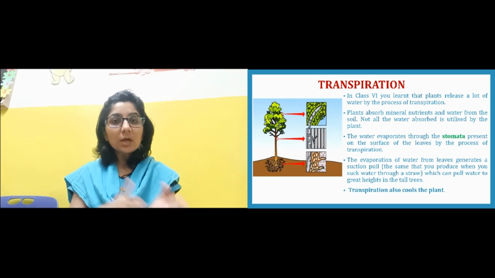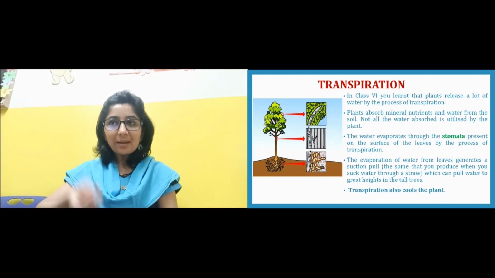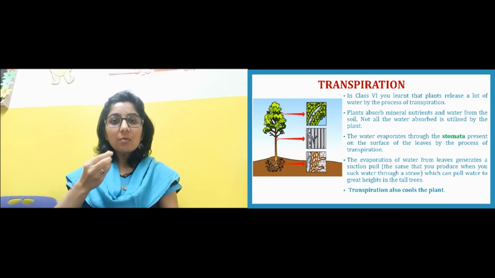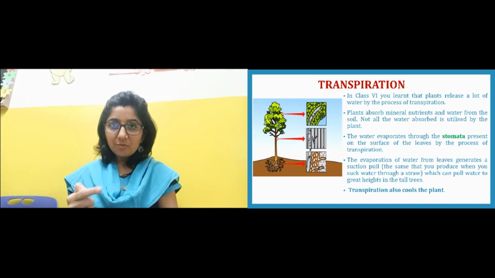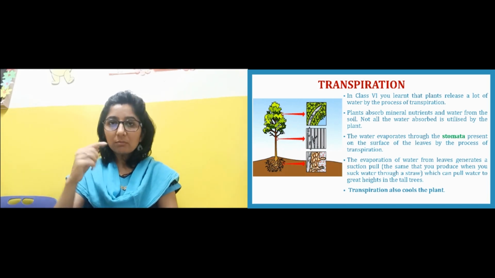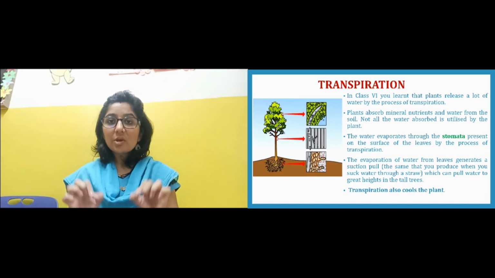Compare it to this: in a glass you have water and you are drinking that water with the help of a straw. When you suck the water, the water from the glass comes into the straw and goes into your mouth. Exactly the same mechanism takes place in transpiration.